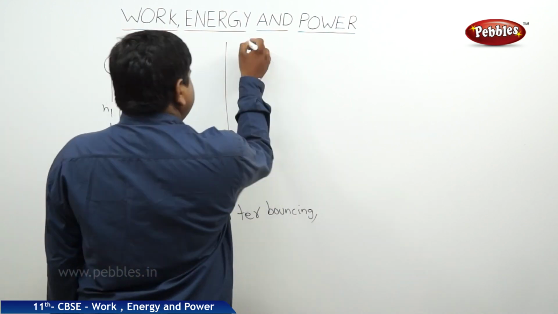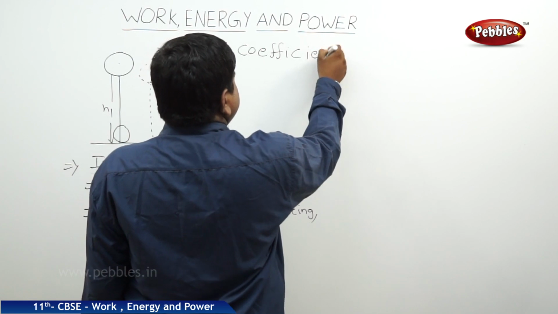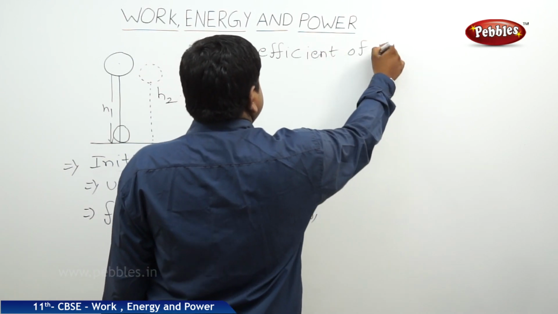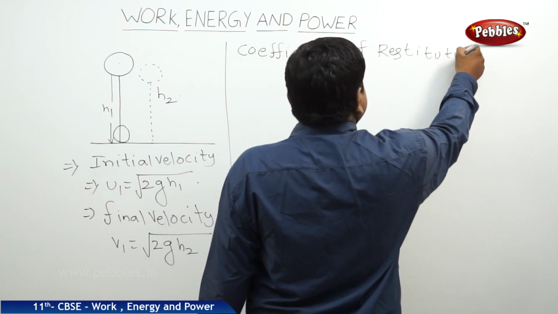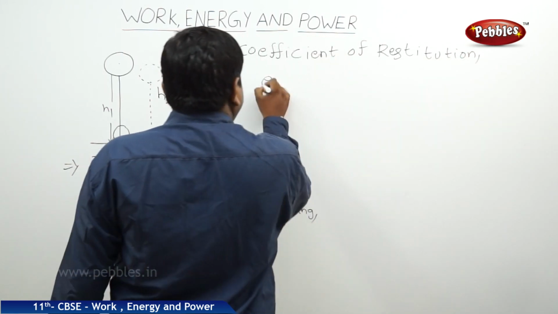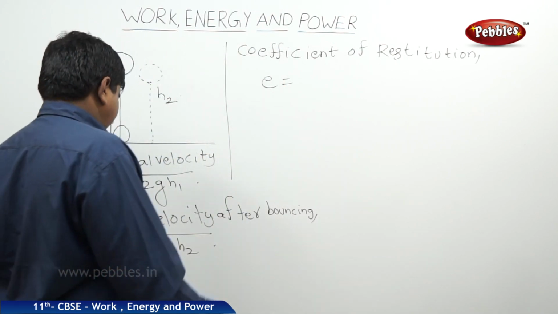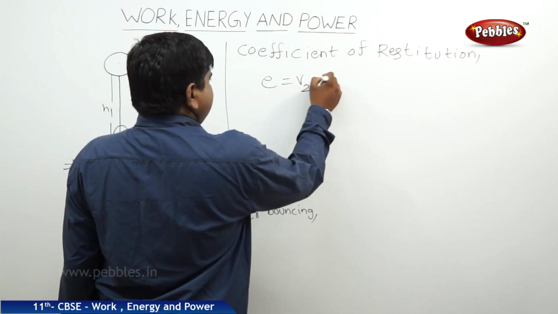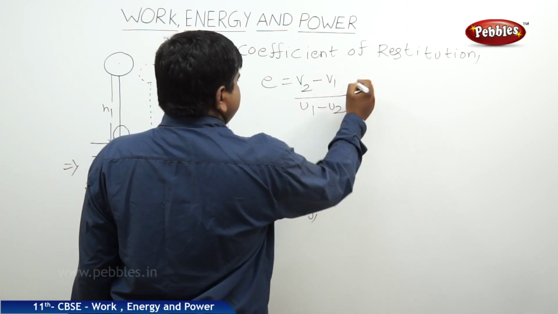So, the coefficient of restitution e is equal to v2 minus v1 by u1 minus u2.